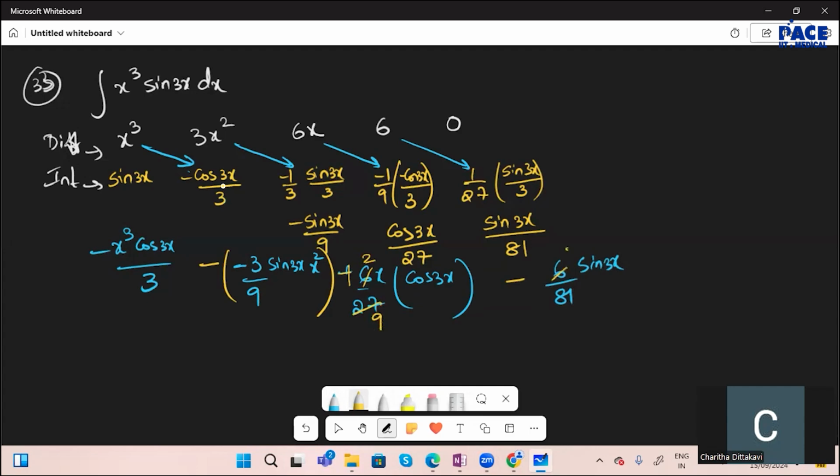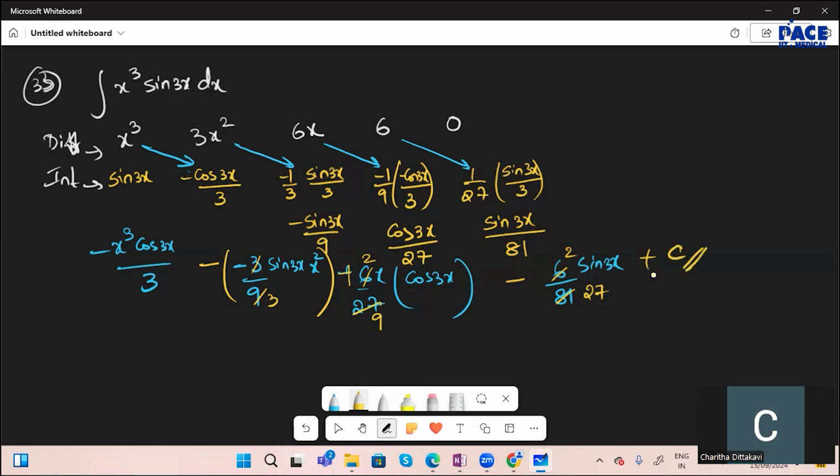And here you will be having a 2 and 27, plus C. So the final answer is minus x cube cos 3x by 3, minus of minus plus, that is your 1 by 3 x square into sine 3x, plus 2x by 9 cos 3x, minus 2 by 27 sine 3x, plus C will be your final answer.